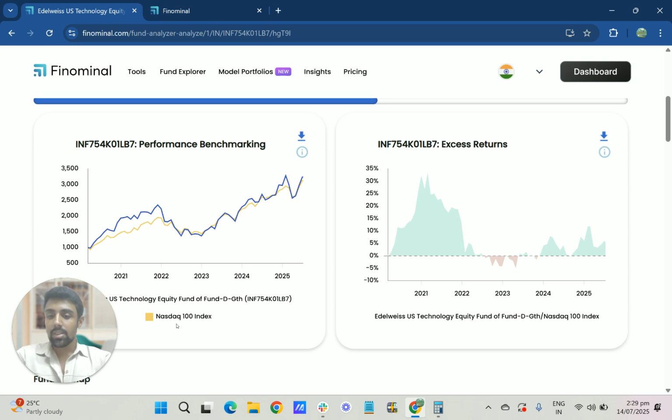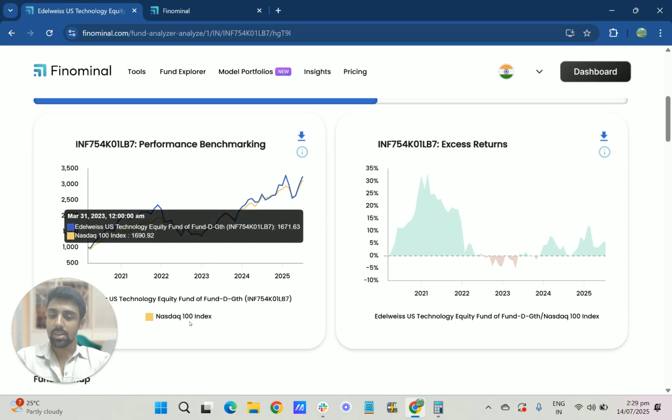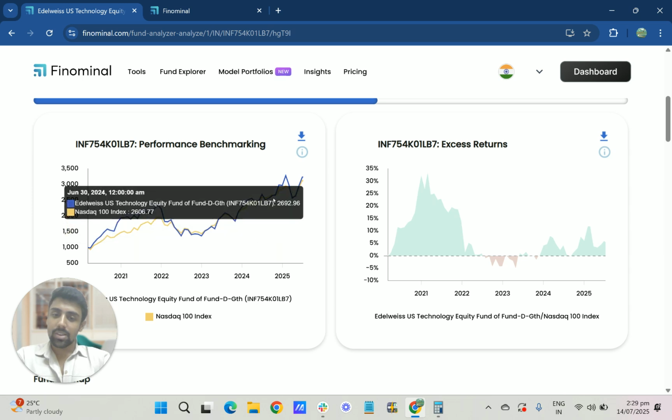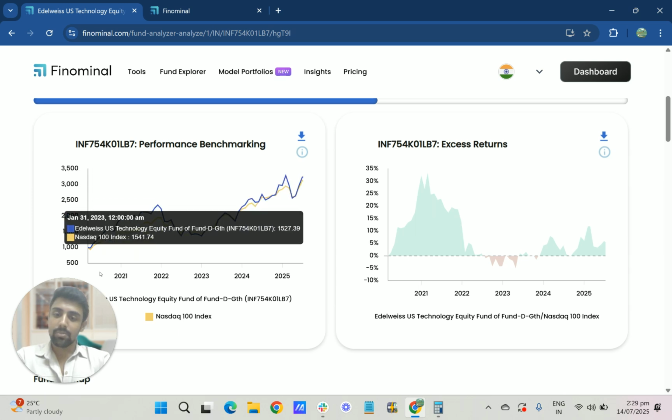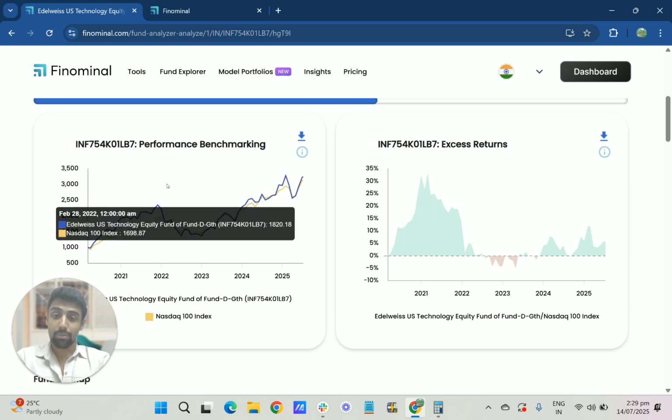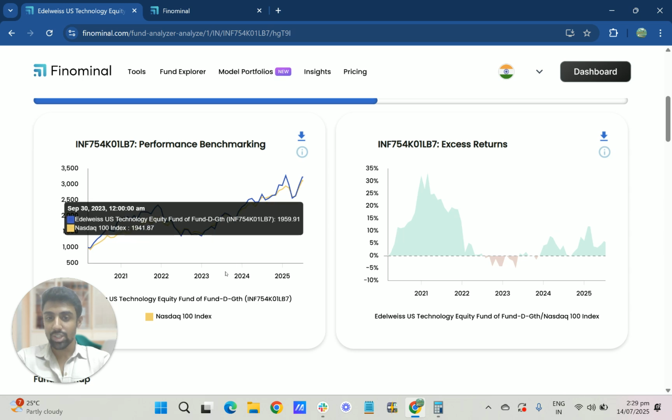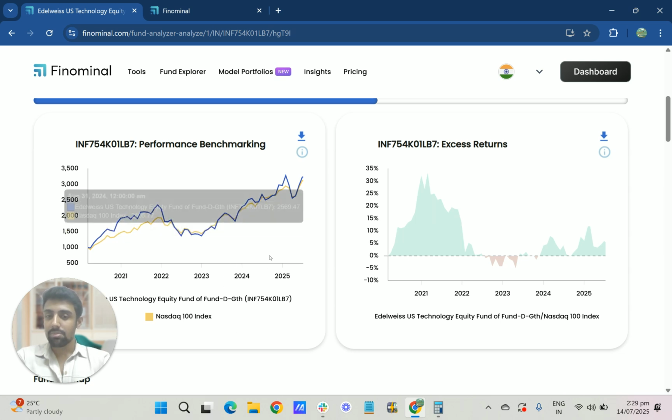So I've created a custom benchmark just to compare this fund against its tech benchmark. And you can see paying 1.5% has its own issues, so that definitely reflects in the performance. I don't see why you shouldn't look into the index.